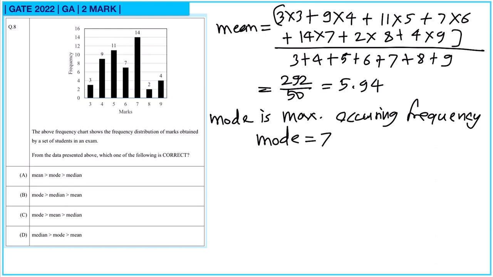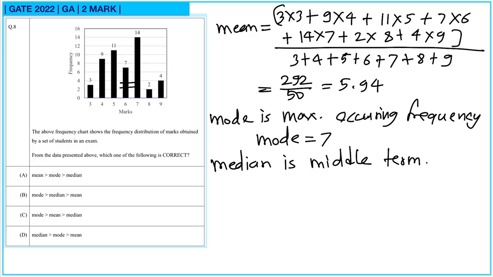And median is the middle term. So here total there are 50 observations. So median will be average of 25th and 26th term. So here there are 3 plus 9 plus 11, that means these are 23 observations.